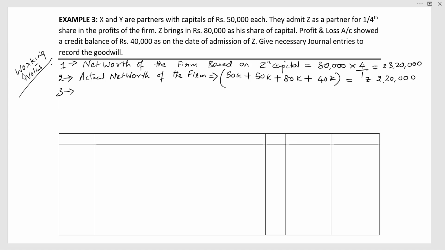Step 3. Goodwill of firm. We can take the answer of step 1, which is 3,20,000 rupees, minus the answer of step 2, which is 2,20,000 rupees, and we get the goodwill of the firm as rupees 1 lakh.